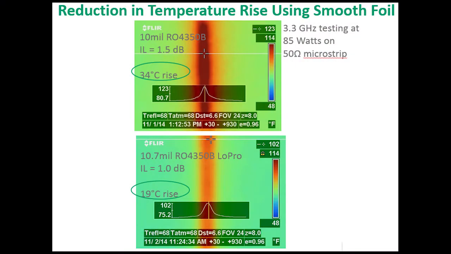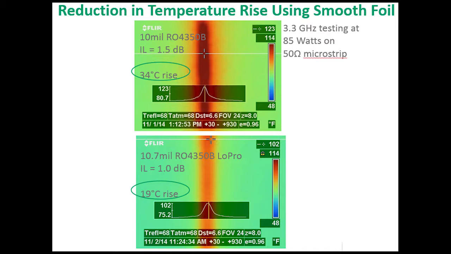But what does that actually mean in terms of temperature rise, which is really what we're here to talk about? How does that increase in insertion loss impact temperature rise as measured in an IR scan? What we have here is the measured temperature rise of two traces, in this case operating at 3.3 gigahertz with 85 watts of power input, on a 50 ohm microstrip line.